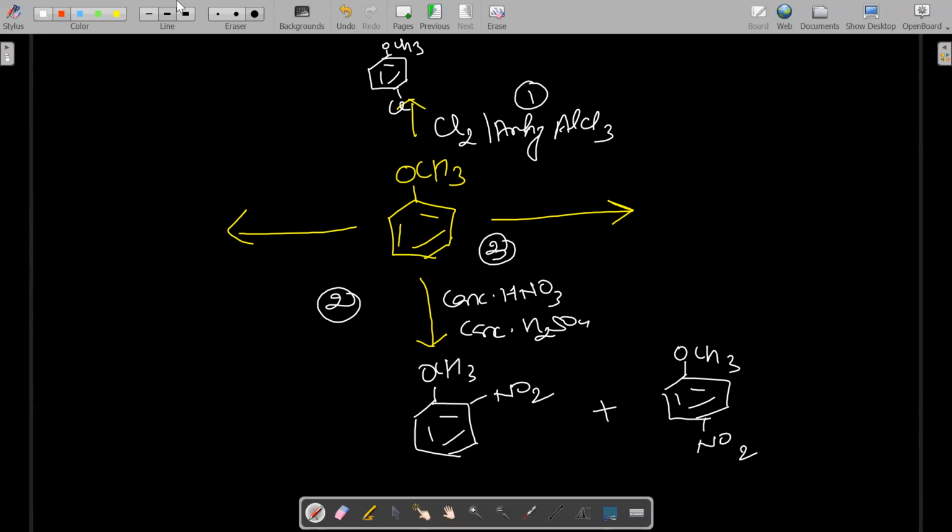When we come to the third reaction, Friedel-Crafts alkylation. In Friedel-Crafts alkylation, what reagent will be used?